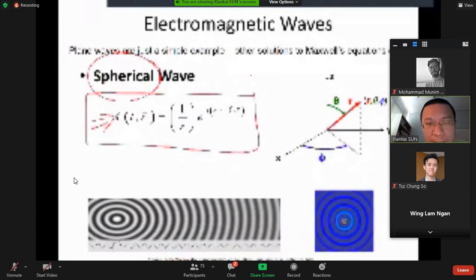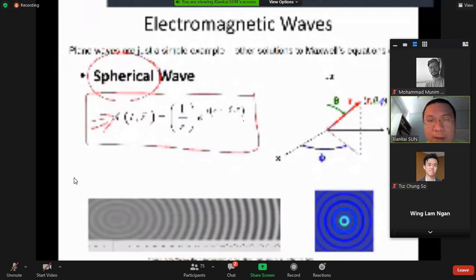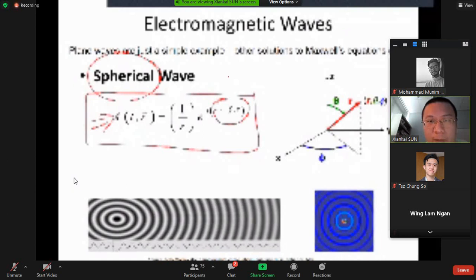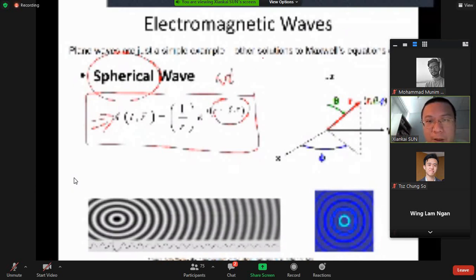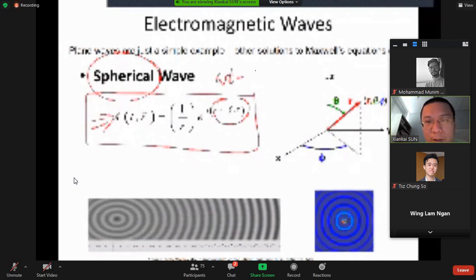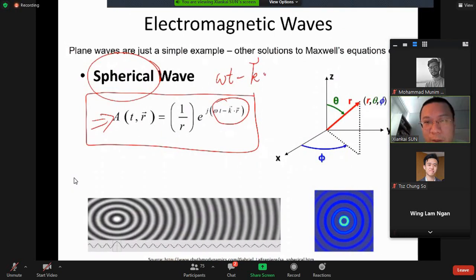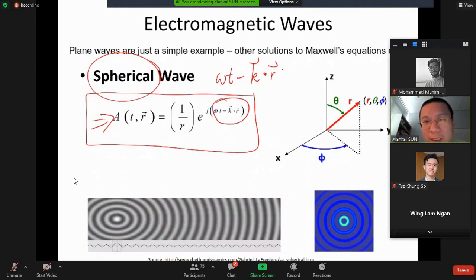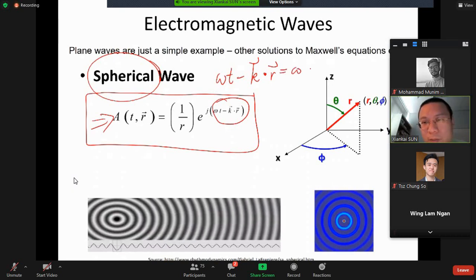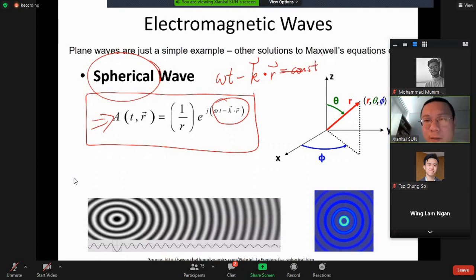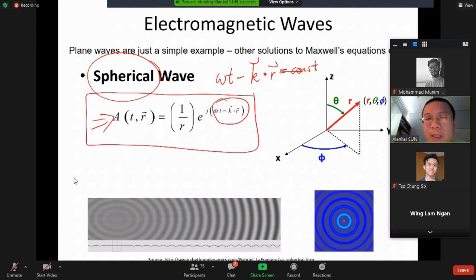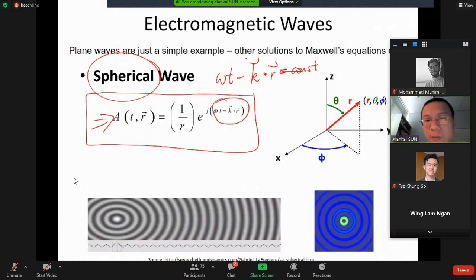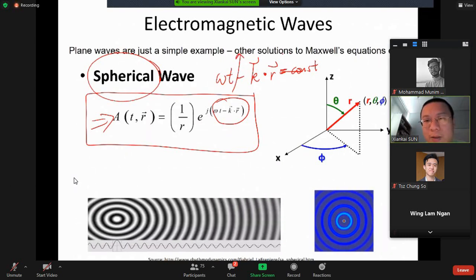Okay, so again, inside the bracket, this is the phase. As I mentioned, if you want to track some specific point along that wave, you need to set this to be constant. That means as t increases, your r has to increase.